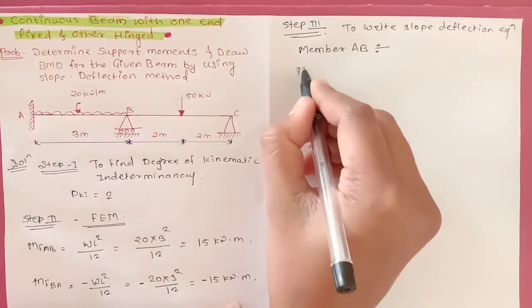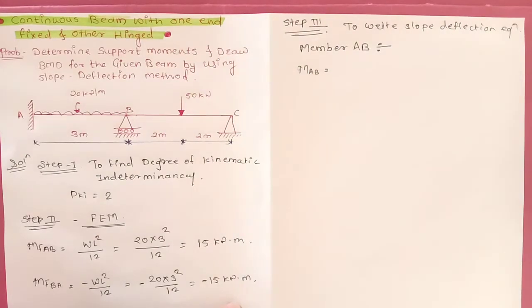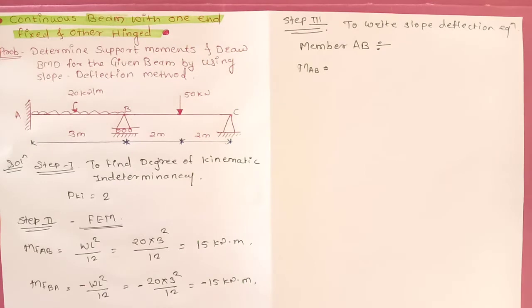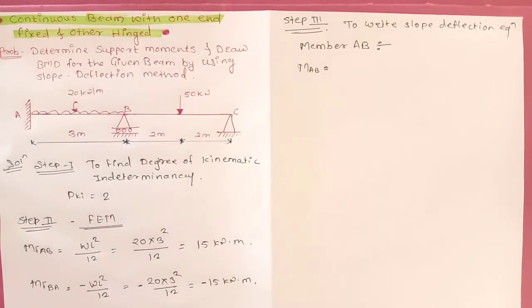So the first member is AB. The formula to find out the slope deflection equation is the fixed moment for member AB plus 4EI theta A divided by L plus 2EI theta B divided by L minus 6EI delta divided by L square.